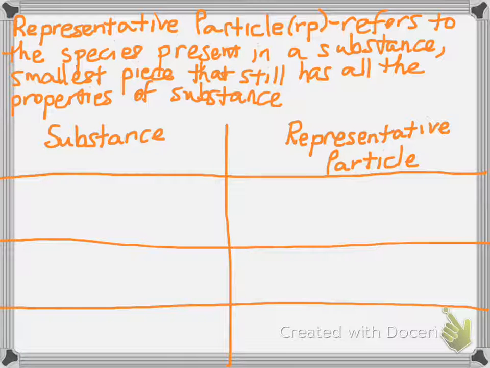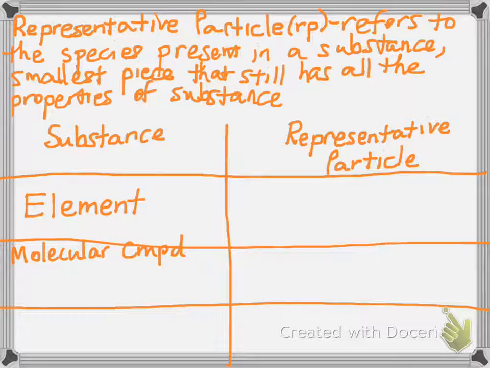And so far we've talked about 3 different kinds of substances. So if you would just rack your brain for a moment and think about what are the substances that we've talked about. Well, one of the substances we've talked about is an element. Another one is a molecular compound.